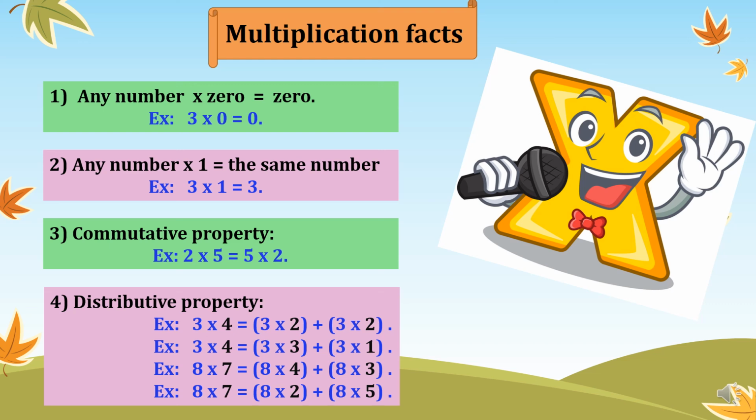I can split 7 into 6 and 1. It will be 8 times 6 plus 8 times 1. Or 7 plus 0. Sorry, 7 plus 0. It will be 8 times 7 plus 8 times 0. And so on.